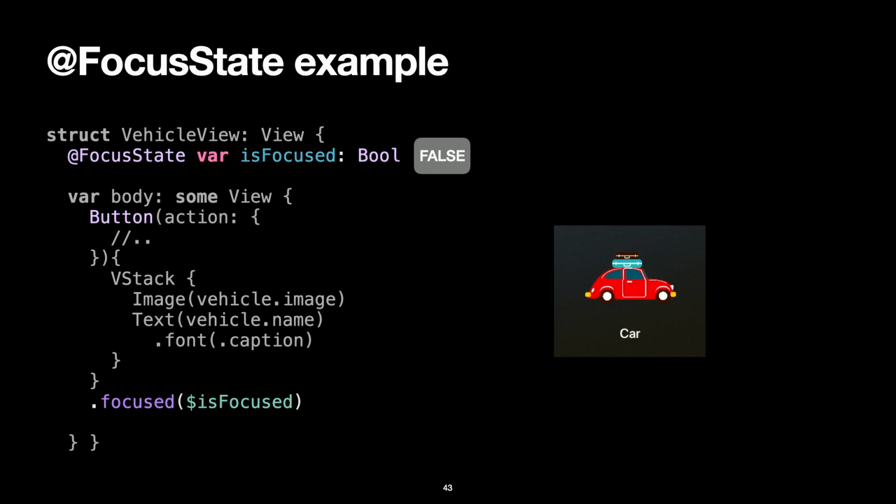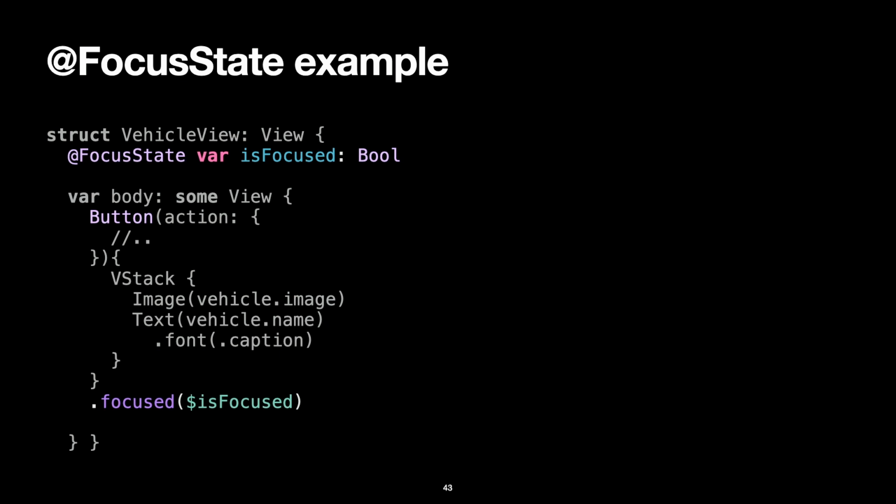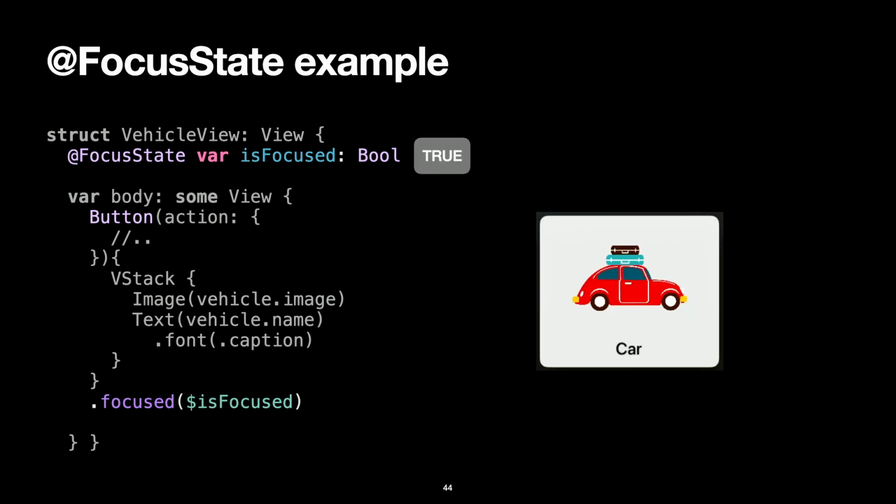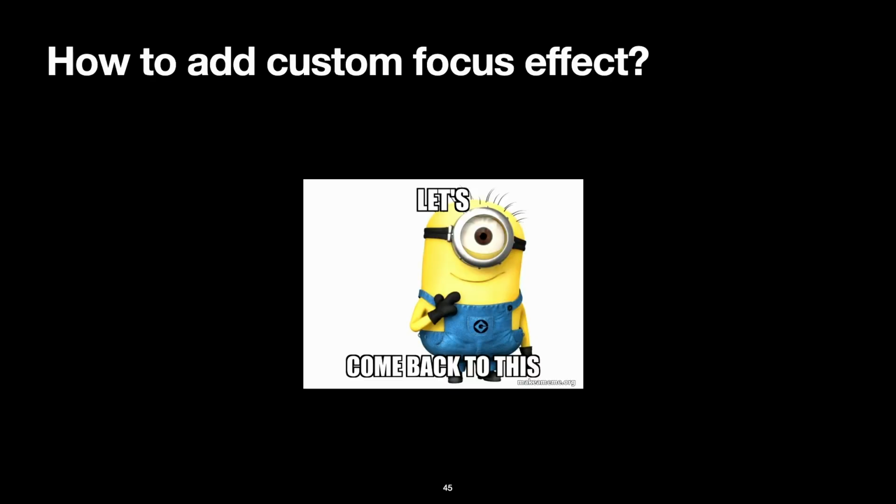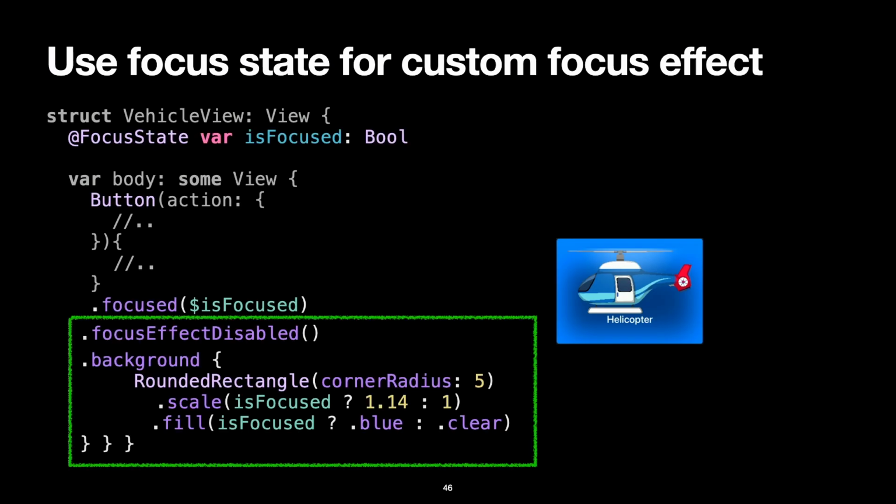It's going to be false because it is not in focus, and once it receives focus, it's going to be set to true. Easy as that. Right, so now we know if a button is in focus, and the button itself knows when it is in focus. We can use this API to actually add a custom focus effect, something like this.